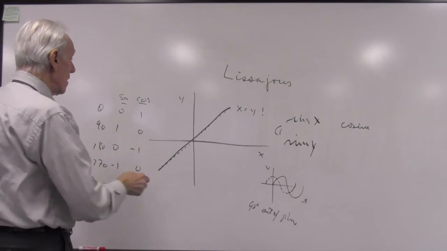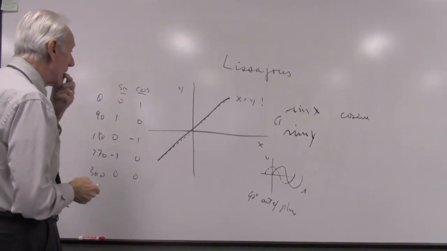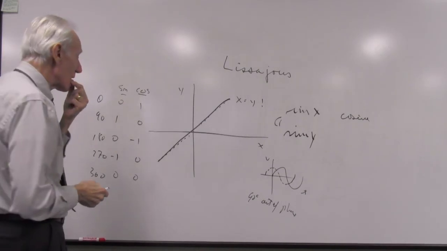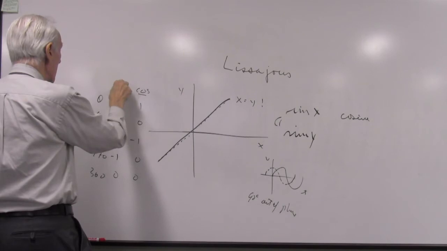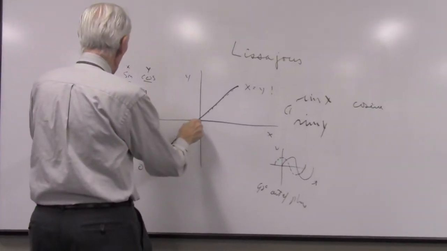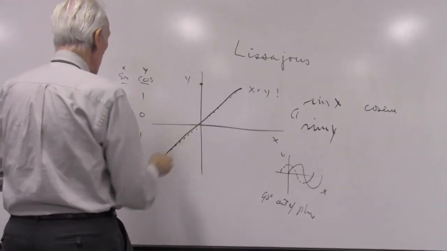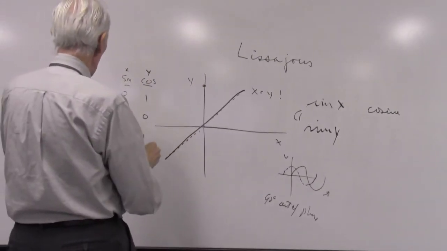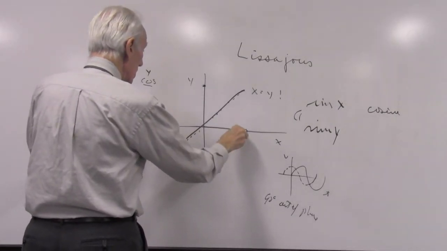But if it goes back and forth like a sine wave and up and down like a cosine wave, what's it going to do? Okay, well, let's start here. So we'll call this the x-axis and the y-axis. If x is 0 and y is 1, that means the dot's going to be up here. And if x is 1 and y is 0, the dot's going to be over here.